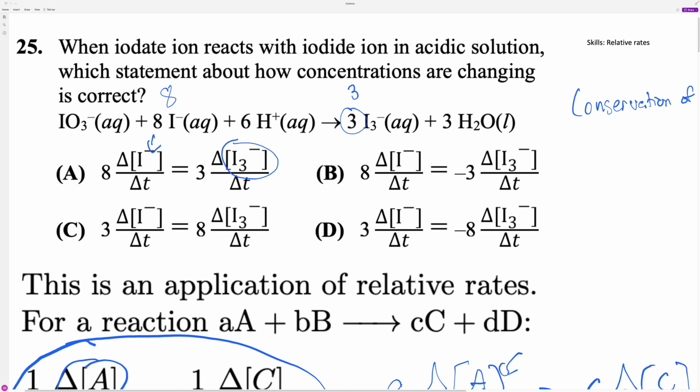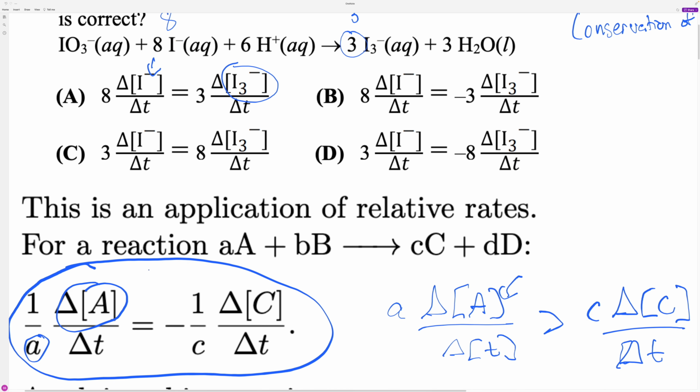So looking at this, we're going to want to have 1 over 8, and then 1 over 3, but negative on this side. And that's rearranging. We're going to multiply this by negative 3, this by 8, and we're ultimately going to get this right here if you do that multiplication. So that's going to be our answer.